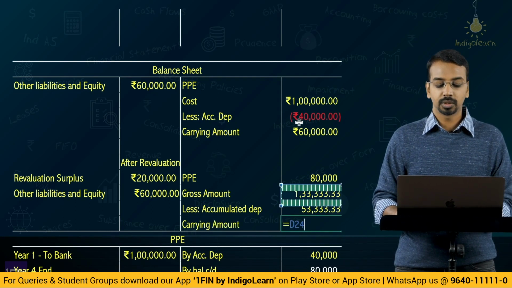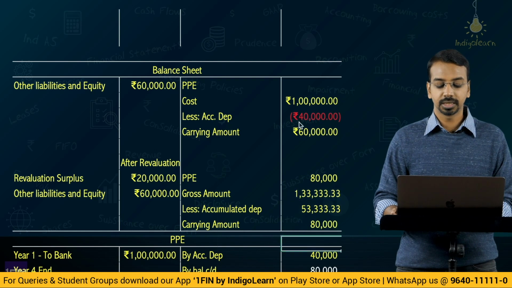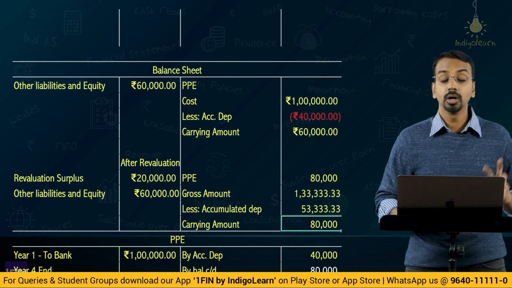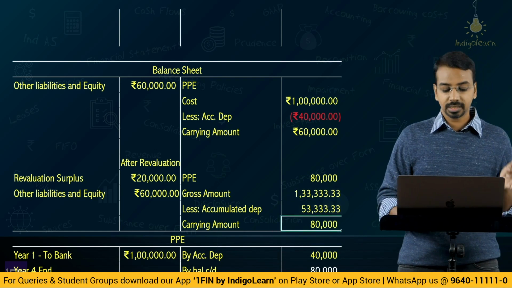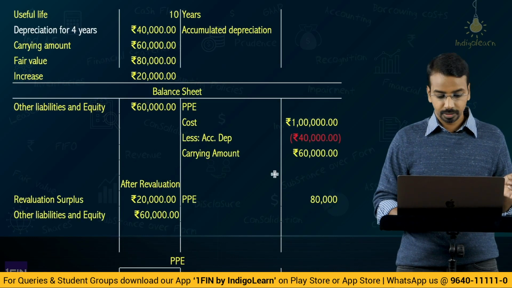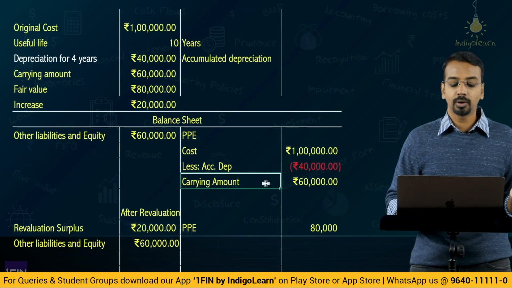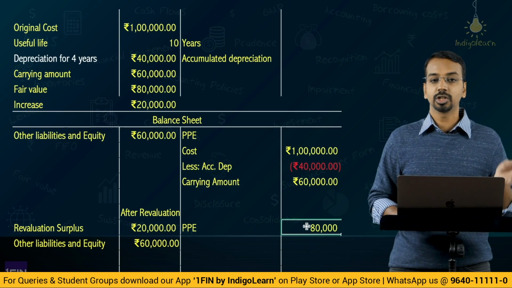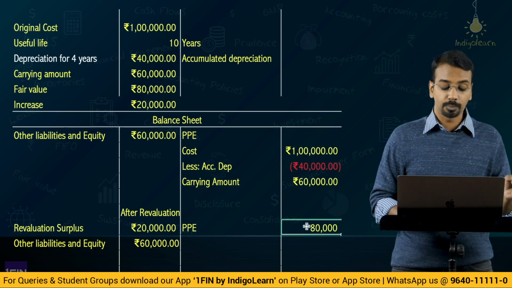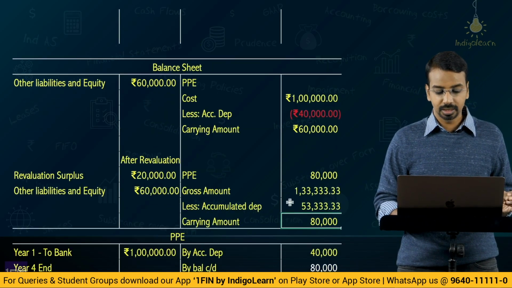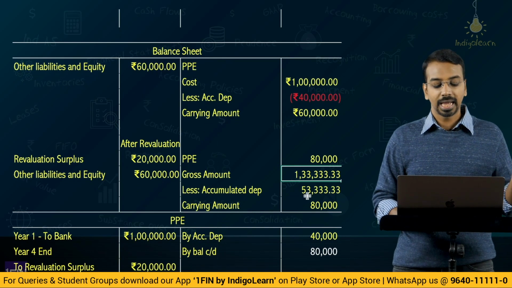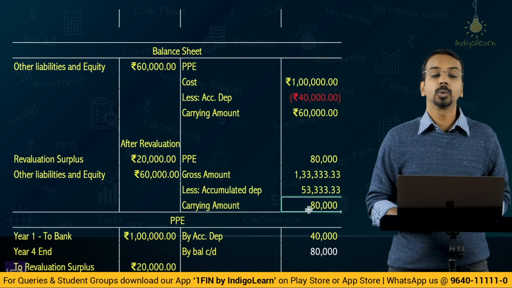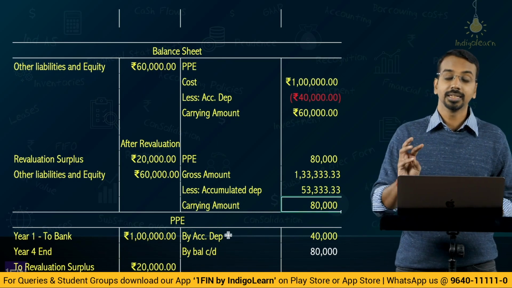Carrying amount would be 133 minus 53, that is 80,000. So, between the previous calculation here, also the carrying amount is 80,000 after revaluation, but we are showing that as a single component, whereas in this method we are increasing the gross amount as well as the accumulated depreciation to arrive at the carrying amount of 80,000.